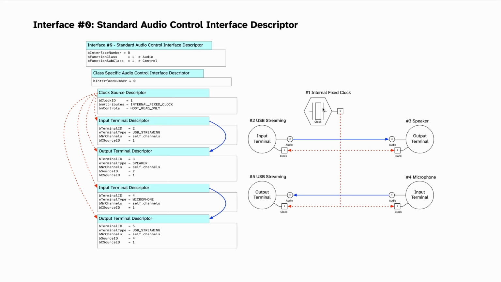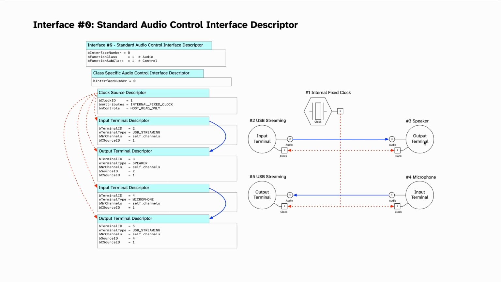So our audio interface provides its own clock. It's an internal clock. It's fixed. It can't be changed. We're going to be running it at 48 kilohertz. And then that clock is an input to our terminals. It drives our terminals. And then if we look at the actual terminals, they come in 2 varieties, input terminals and output terminals.